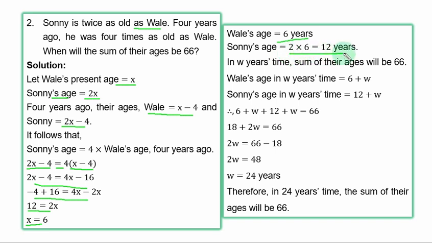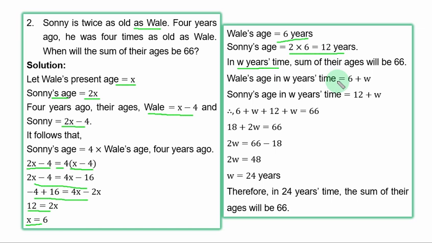Last part of the question, when will the sum of their ages be 66? That is into the future. In W years time, the sum of their ages will be 66. Because we are looking into the future, you have to add W to their respective ages.